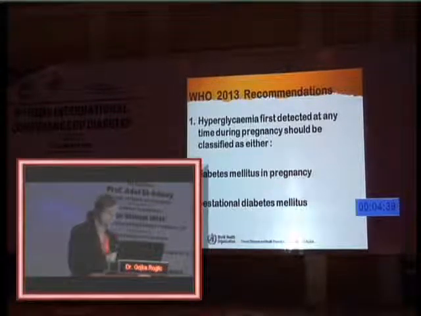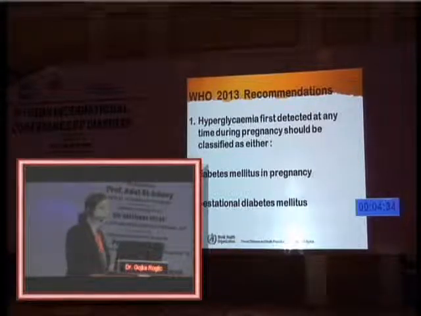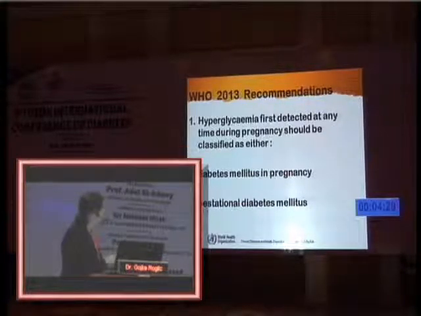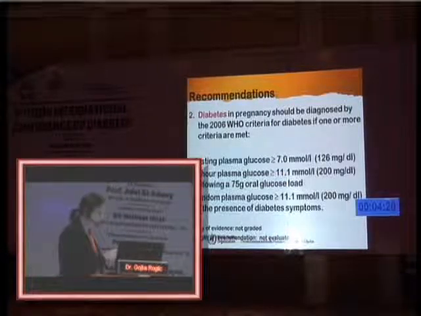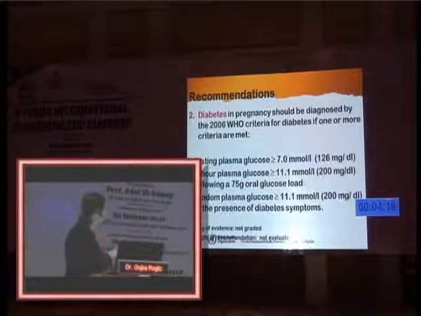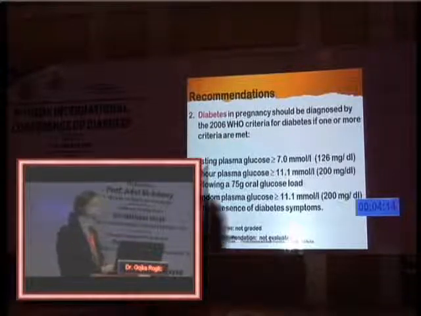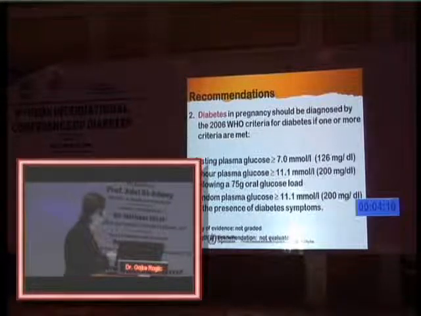So the recommendations of the guideline are that hyperglycemia first detected at any time during pregnancy should be classified either as diabetes mellitus or as gestational diabetes mellitus. And for defining diabetes, we use the WHO criteria which are used for non-pregnant adults. So nothing different for women who are pregnant.